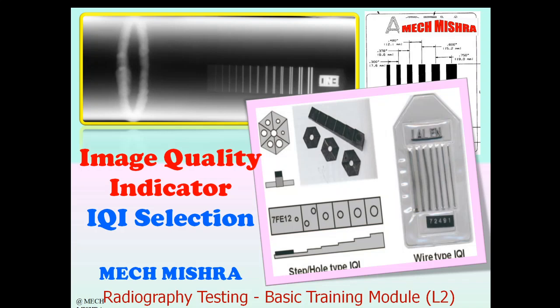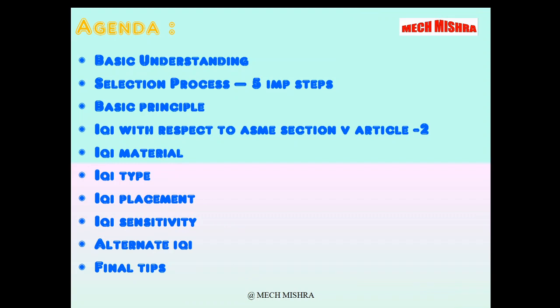So we will start now. What is the agenda for this training module? The basic understanding of the image quality indicators, and the selection procedure. I will tell you five very easy steps in which you can understand and select the IQI for radiography testing.